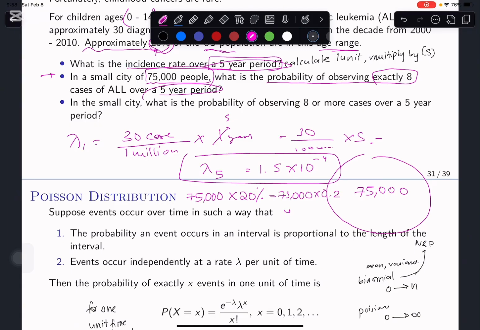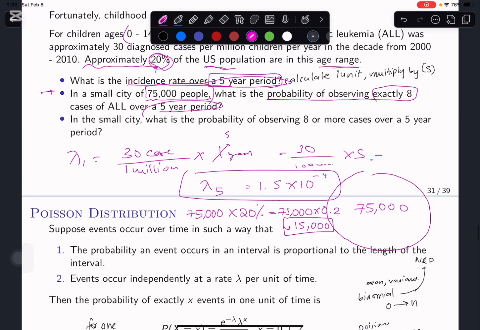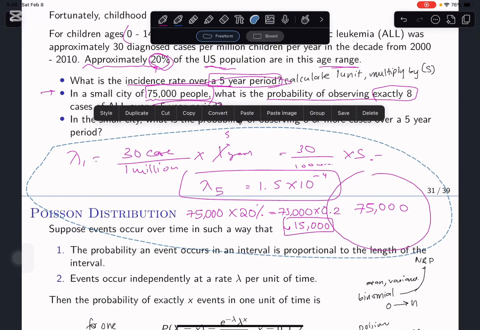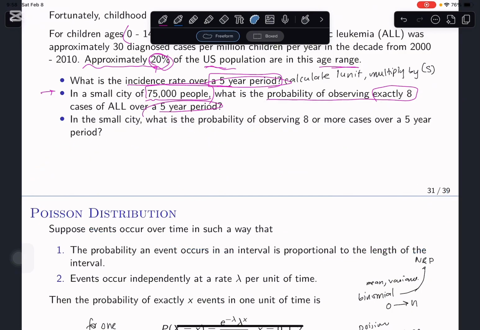Alright, and you're gonna get a number. That number is 15,000. So first you need to know how many people we're looking at in the age range of this disease. So we said it's 15,000 people or 15,000 children.